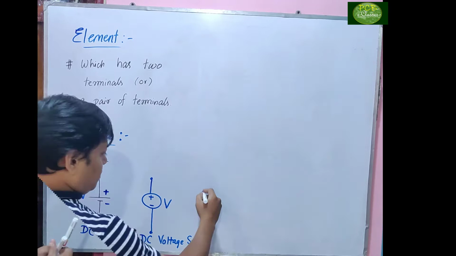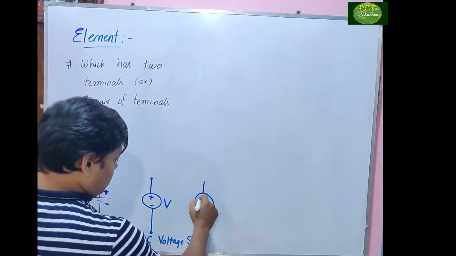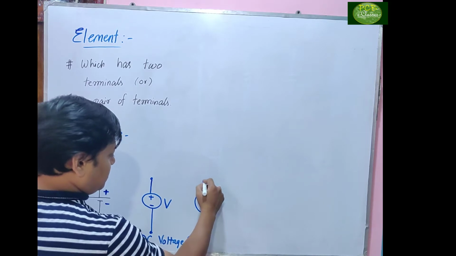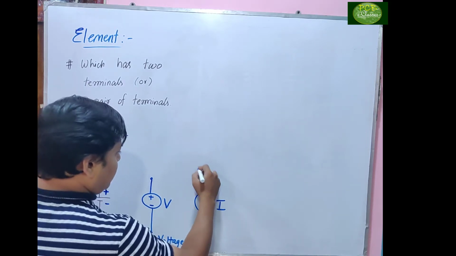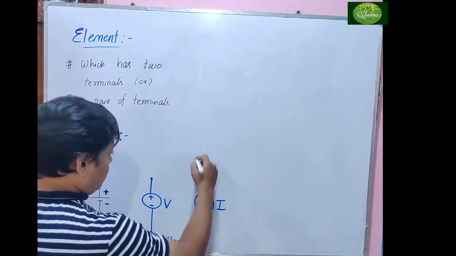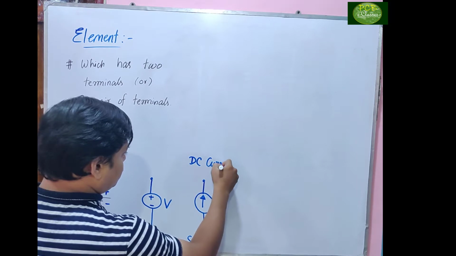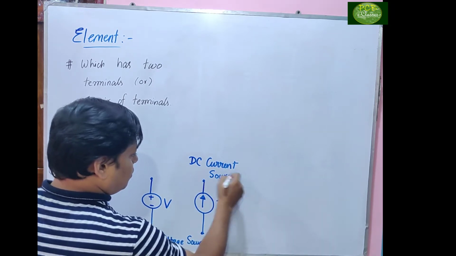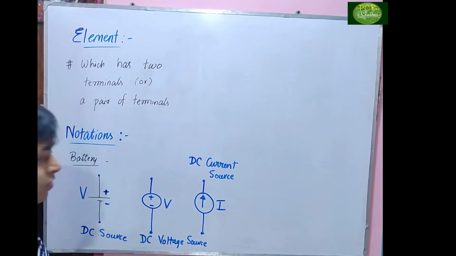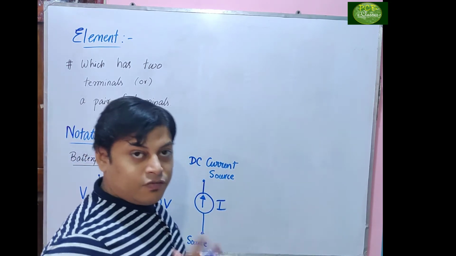Fine. What is this? This is a current source. This is the current source. So what type of source it is? DC current source. Representation or the notations. Next, we are having supply of two types.